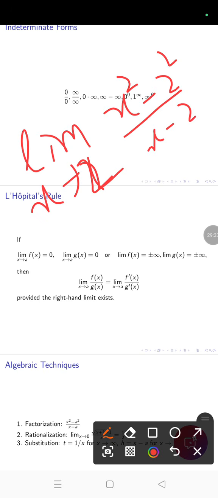So here you can check, if you put 2, the numerator will be 0, and the denominator, 2 minus 2, is also 0. So it is 0 by 0 form. So we can approach using L'Hospital rule.